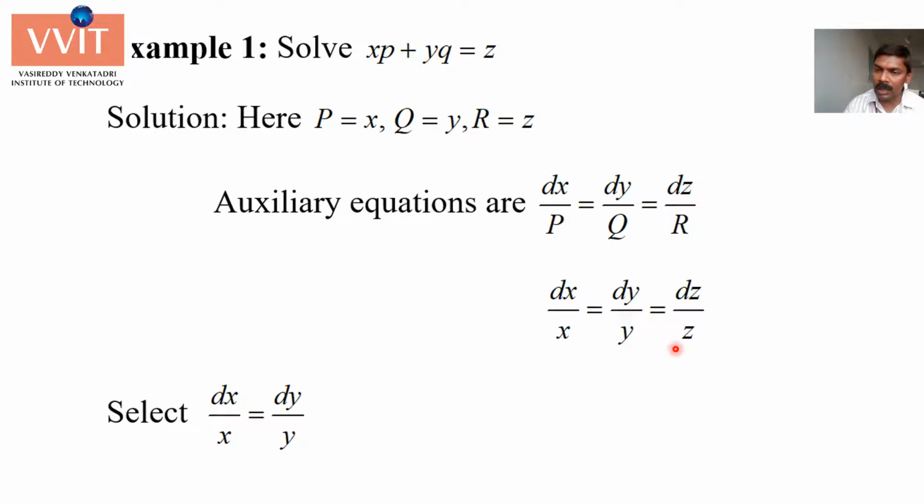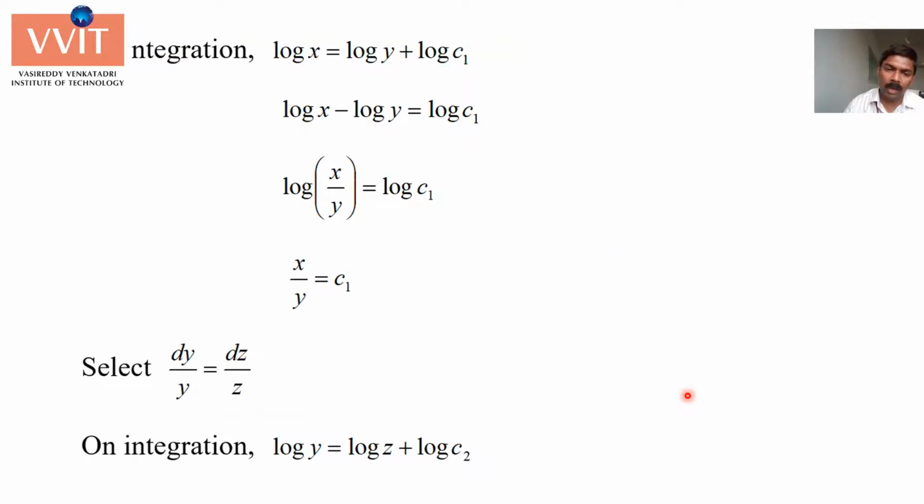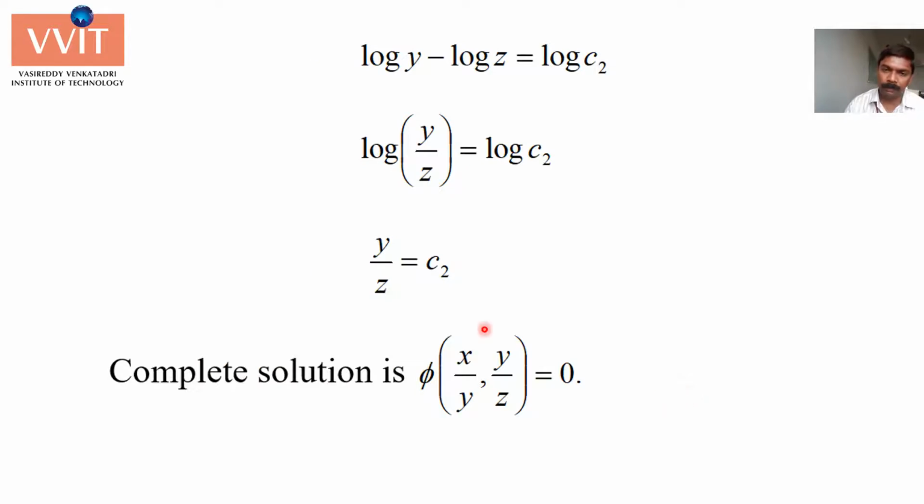Based on your selection, you are going to get the outcome of the problem. Here my selection is 1, 2, corresponding to 1, 2 x by y, corresponding to 2, 3 y by z. So this is how we need to conclude our problem: phi of u comma v equal to 0.